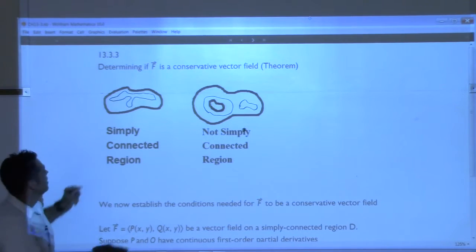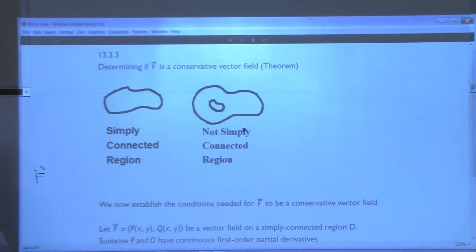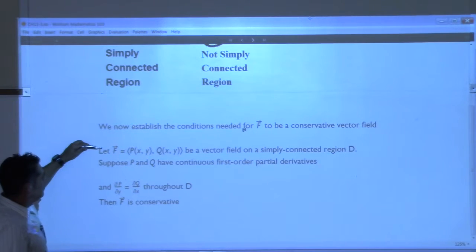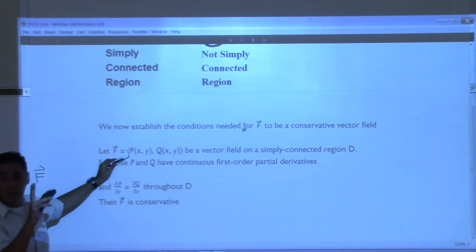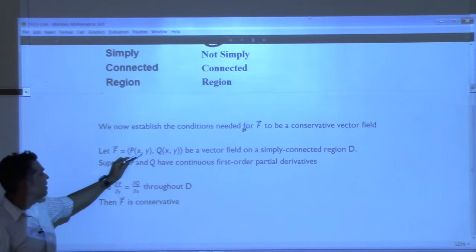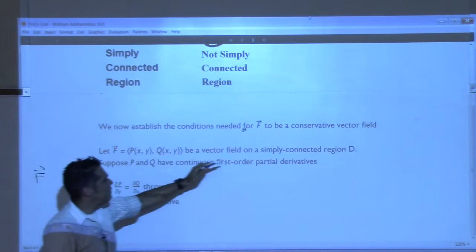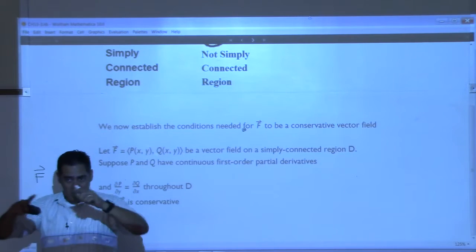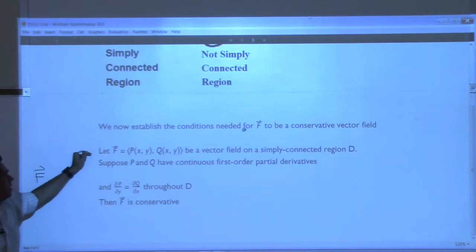Understand? Okay, so this theorem says that, let F be some vector field. Two-dimensional, not three-dimensional, a two-dimensional vector field. Let F be some vector field on a simply connected region. So we have to have that. In other words, we're only talking about a field on one of those nice regions up there.